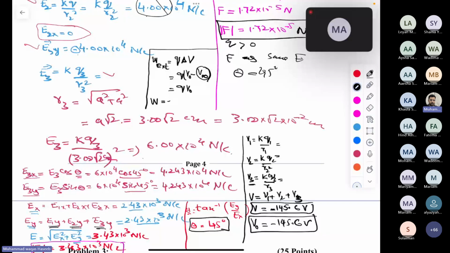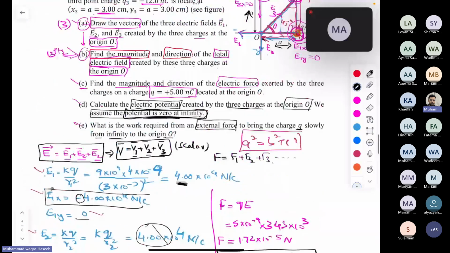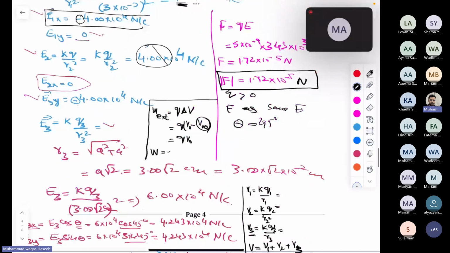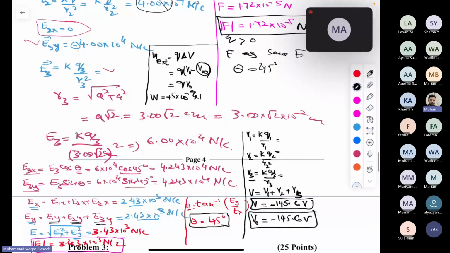Work done is Q, which is plus 5 × 10^-9, times the potential V naught, negative 145.6 V. So we get the external work done, which is negative 7.28 × 10^-7 joule.